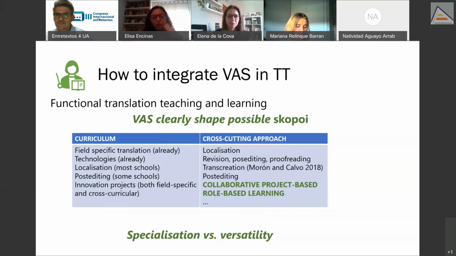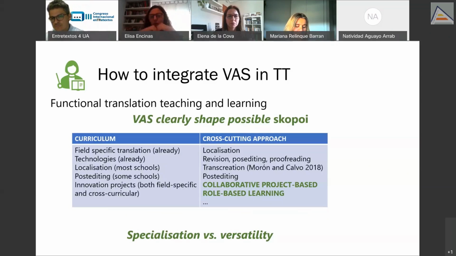We can also include it in a more cross-curricular way by means of innovation projects like the one my colleagues were talking about just before. But for me, maybe the most interesting approach to value-added services is a cross-cutting approach, a cross-curricular approach.